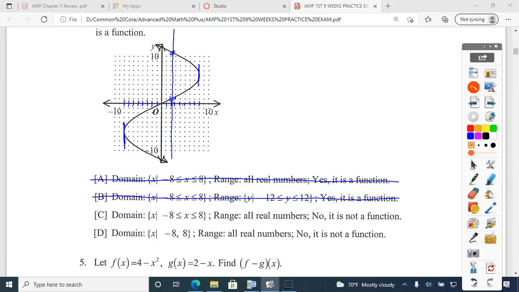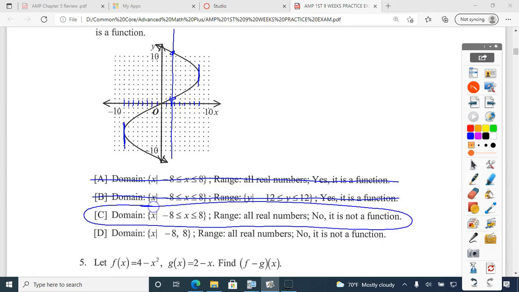I'll be honest, now that I'm looking at this question, I don't like it. C is going to be the answer, but that's not correct, because these little arrows connected to the graph mean that it continues. I don't know that it continues in this pattern, so it could keep going forever.